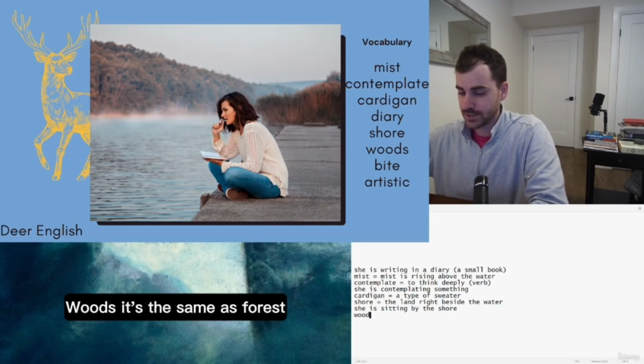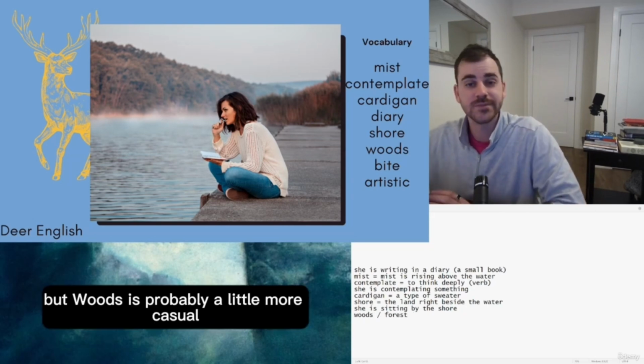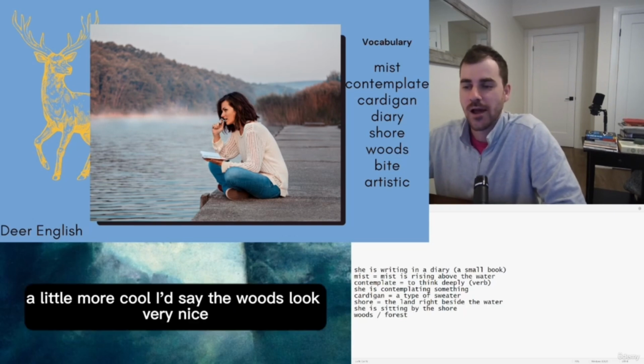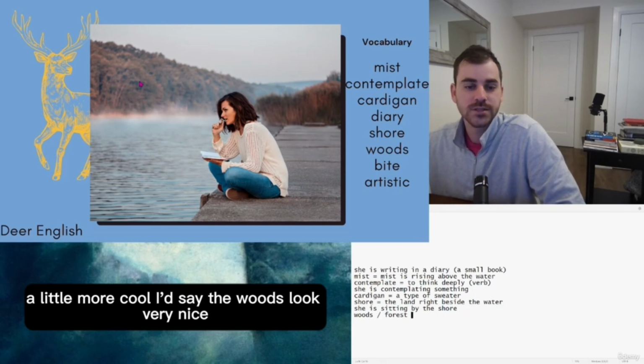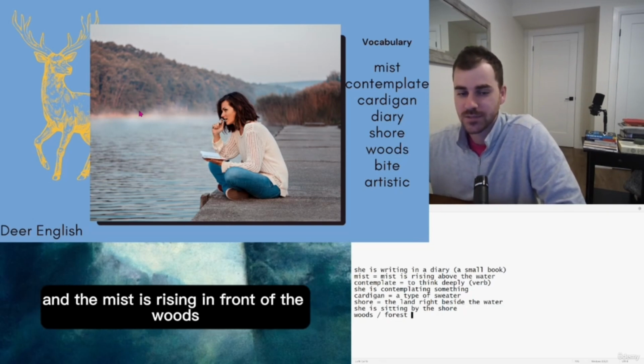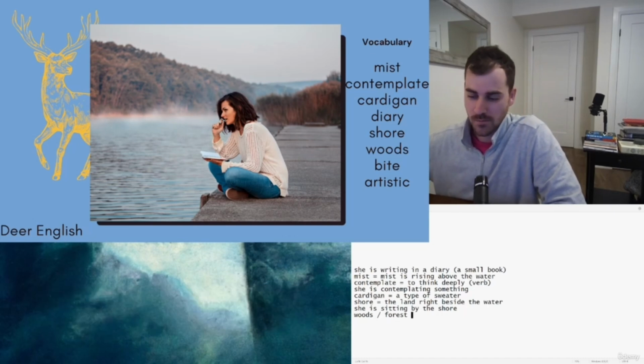Woods. It's the same as forest, but woods is probably a little more casual, a little more cool, I'd say. The woods look very nice, and the mist is rising in front of the woods.